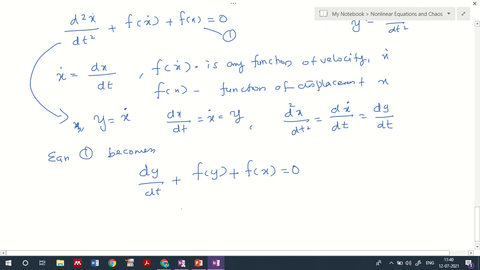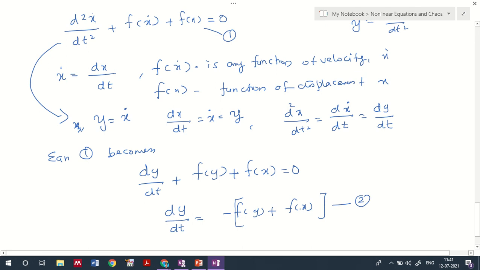Or I can also represent this as dy by dt is equal to minus f of y minus f of x. Or this can be written as dy by dt equals minus, f of y plus f of x in the bracket, and this is our equation number 2. So y is f of x dot.